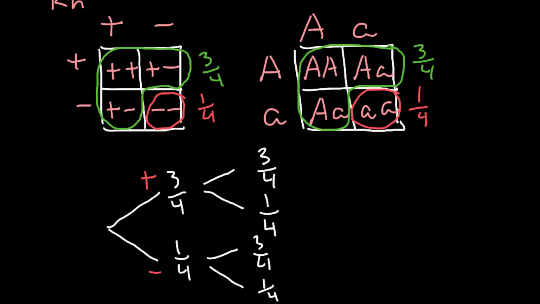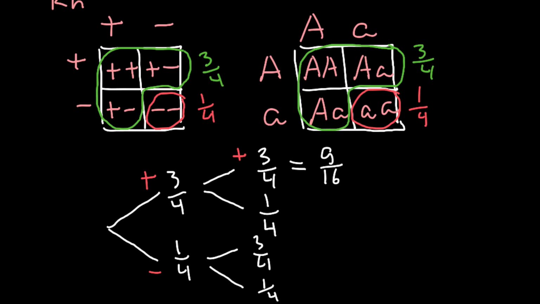So what we see here: 3/4 multiplied by 3/4, we get 9 out of 16. These are people who would be Rh positive and able to produce insulin.